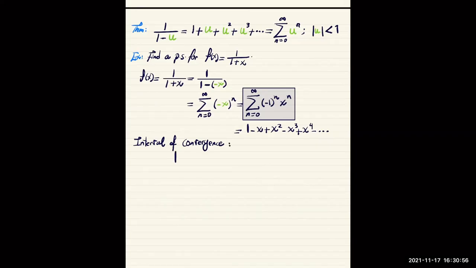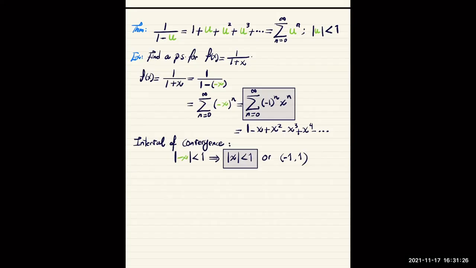It's absolute value of negative x being less than 1. Well, here absolute value of negative x is just positive, so that becomes absolute value of x less than 1. Same interval of convergence. That, by the way, reads as negative 1 to 1, excluding negative 1 and 1. That's what absolute value of x less than 1 means.